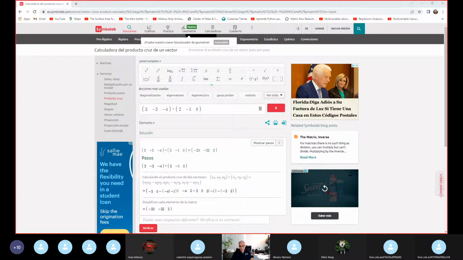But I want to find the magnitude. It's important. So in order to find the magnitude, you compute the square root of -28 squared plus -32 squared plus 3 squared.